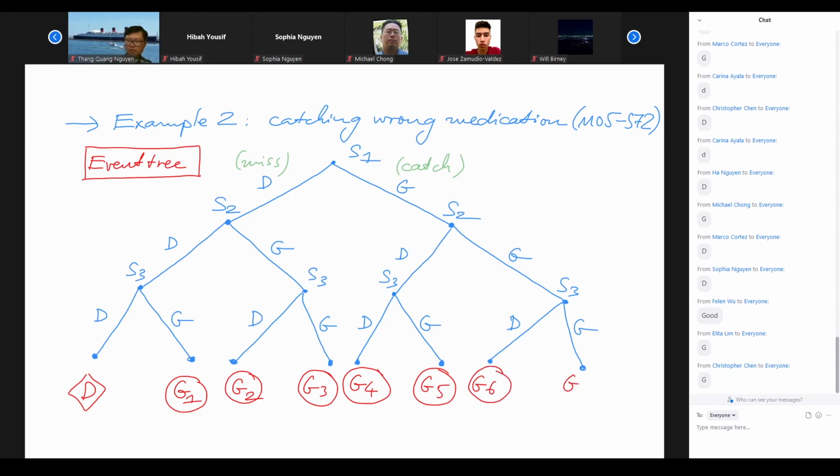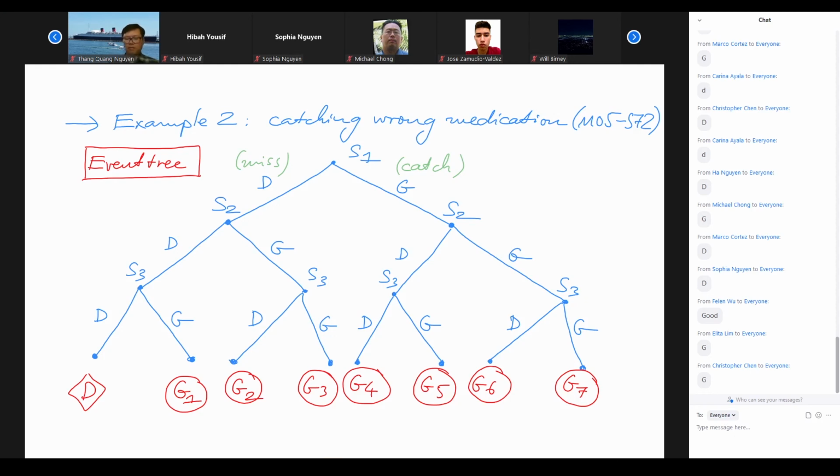And then at the end, where everybody catches the wrong medication, right? So we have 7 good outcomes and only 1 bad outcome in this tree. It is the reverse of what we have earlier. Even though at first the 2 trees look similar, right? But remember, behind the tree, the connection between the parts of the tree are different. So that's why the fruits, or the outcomes, are totally different from before.